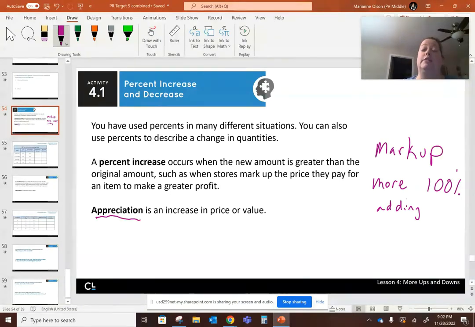Basically, you're increasing the price or value. A lot of times, if you make improvements on something and it hasn't had a lot of wear and tear, or you redo or refurbish that item, you could possibly get appreciation, which means the value goes up.